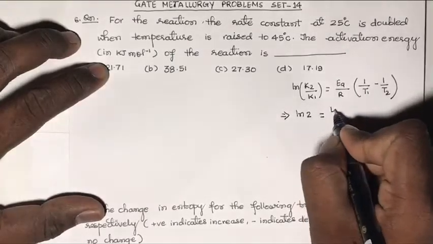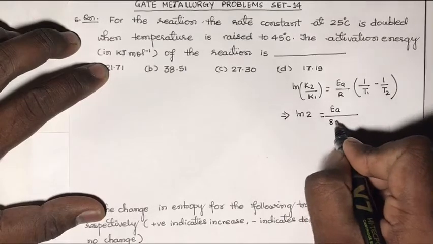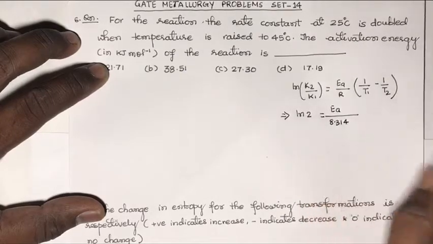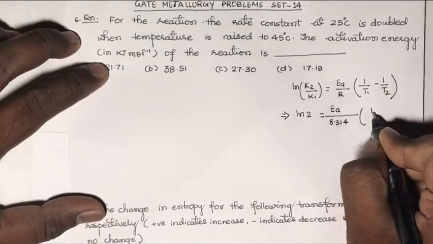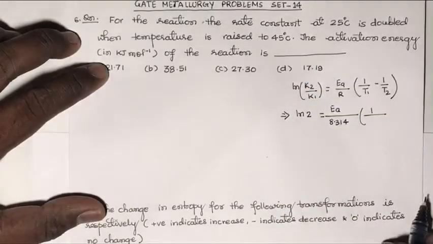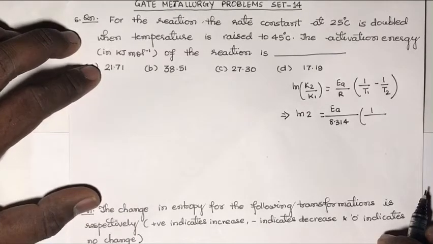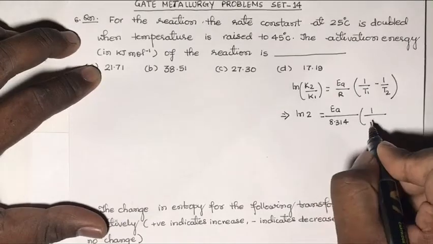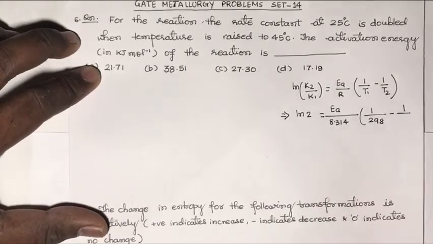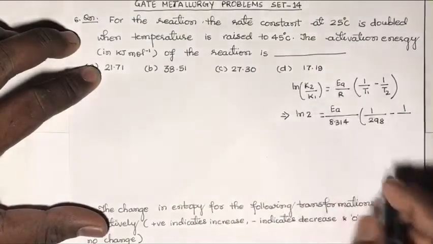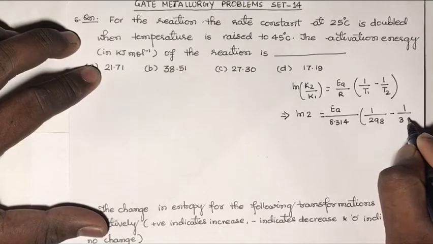Activation energy we have to calculate here upon universal gas constant, that is 8.314 joule per Kelvin per mole, and the temperature, that is the initial temperature, is 25 degrees centigrade, but here we have to write it in terms of Kelvin, so this will be equal to 298 Kelvin minus the final temperature is 45 degrees centigrade, so again we have to write it in Kelvin, that will be equal to 318.